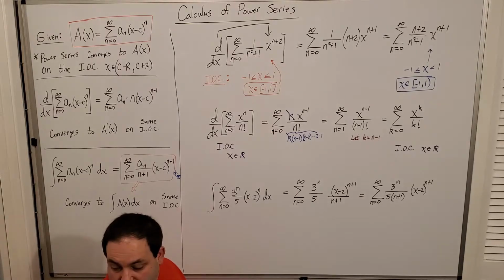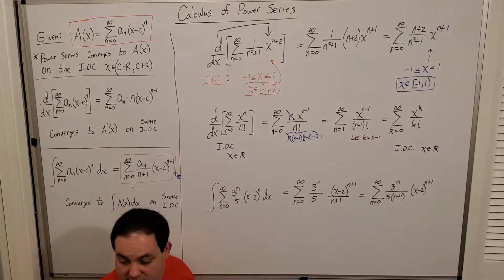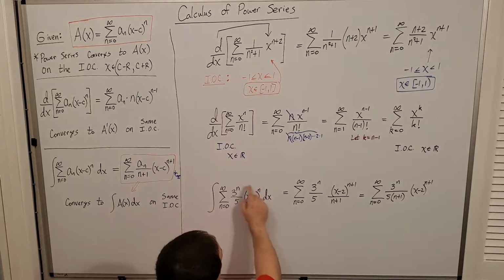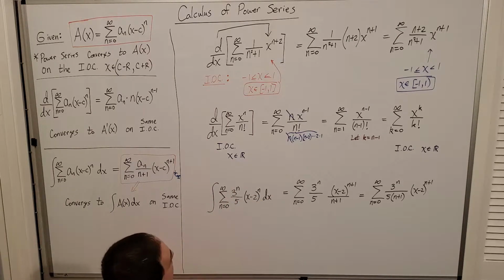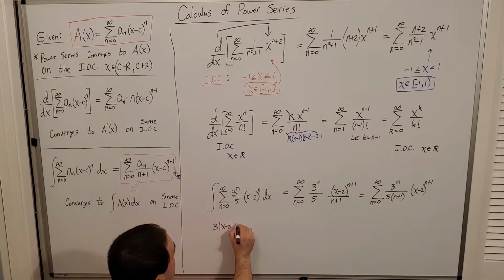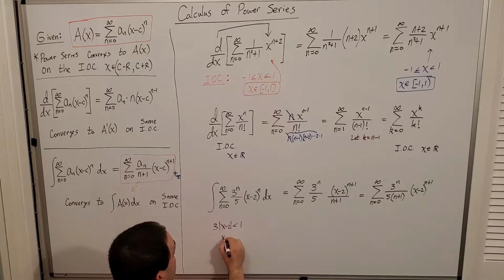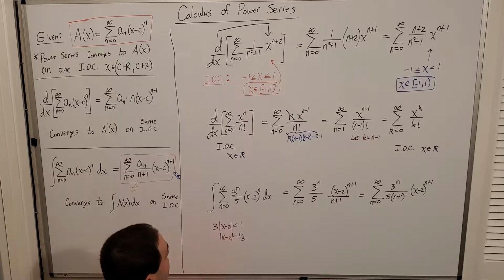Let's look at the interval of convergence here. The interval of convergence for this one, if I do the nth root, is going to tell me that 3 times the absolute value of x minus 2 has to be less than 1. And then, of course, that tells me that the absolute value of x minus 2 has to be less than 1/3.